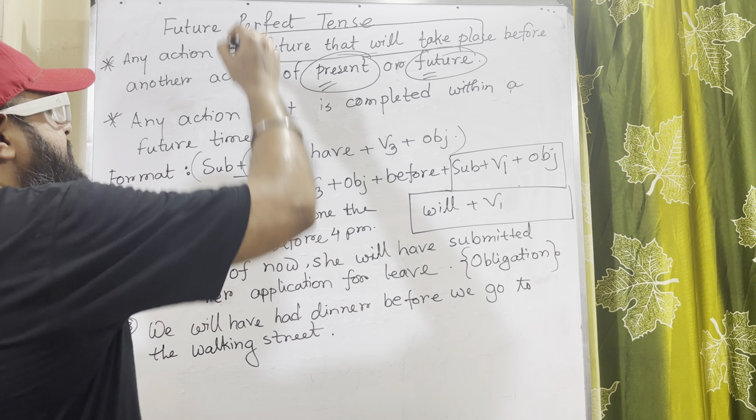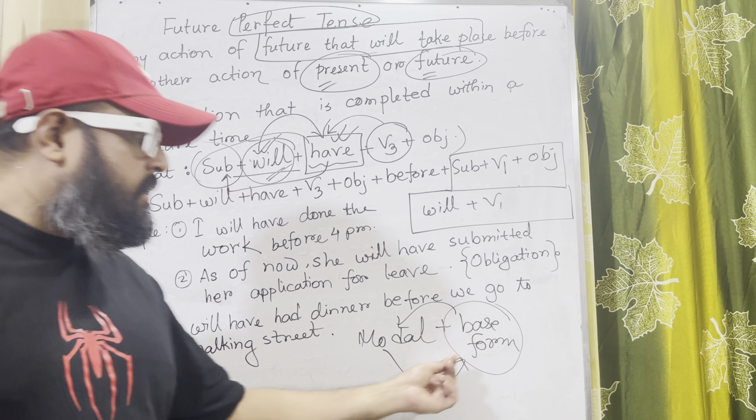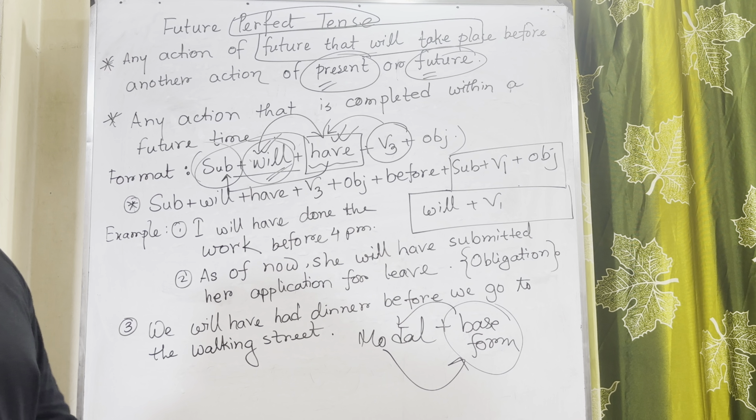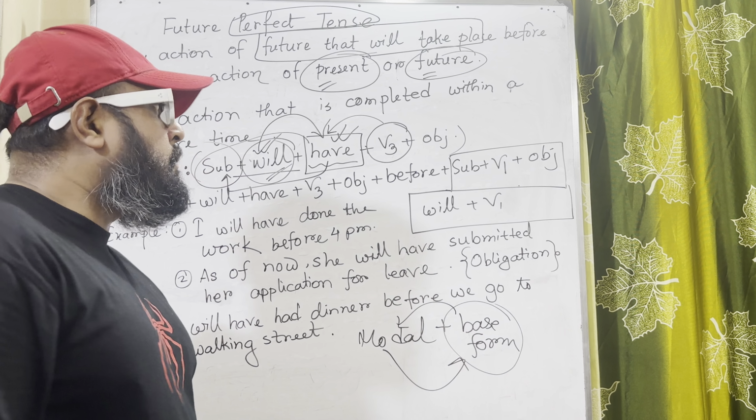The matter is we are using the modal auxiliary verb will, and after a modal auxiliary we need the base form, and have is the base form of the have verbs, and then the V3 form and object. It is the basic structure.